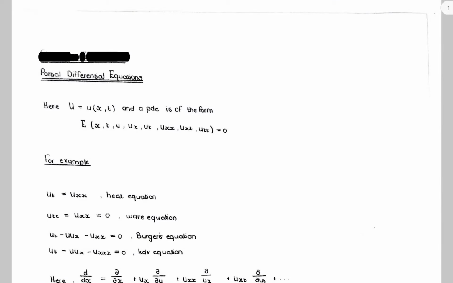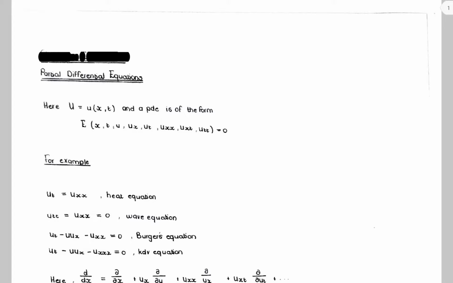Okay, so in this last aspect of symmetries, conservation laws, variational problems, we consider a generalization to partial differential equations. We will suppose that the function u is the dependent variable, and that's a function of independent variables x and t.